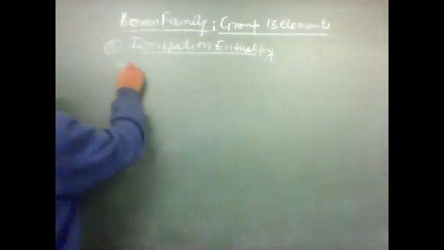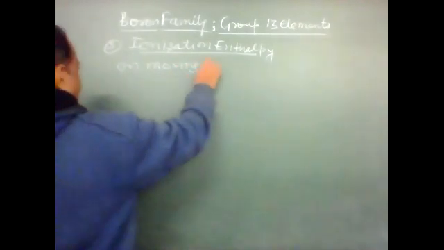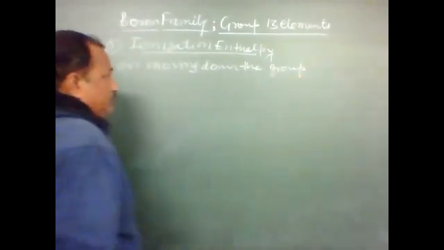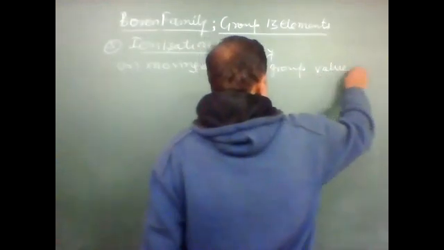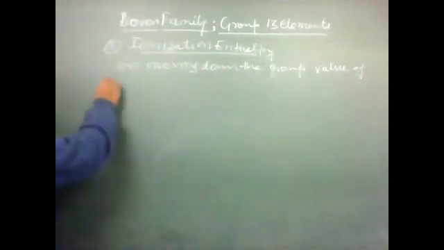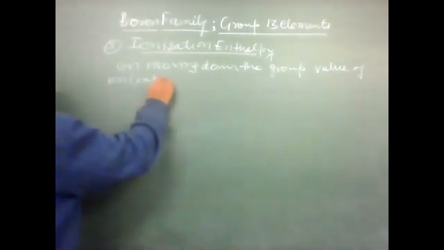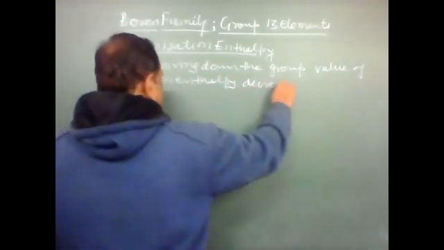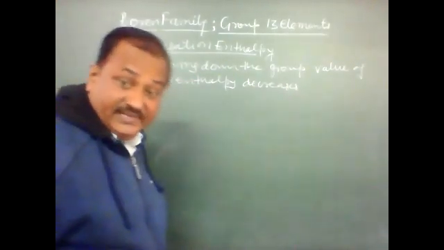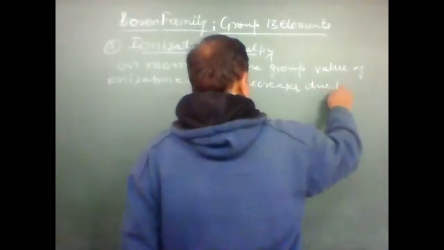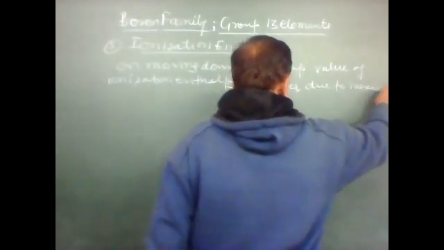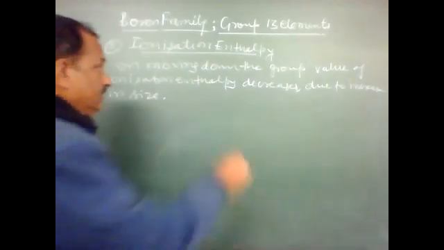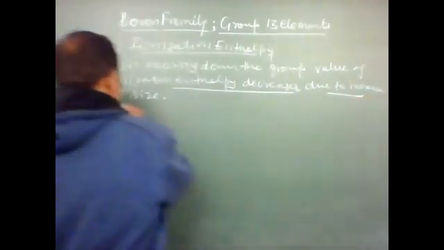So on moving down the group, the value of ionization enthalpy decreases due to increase in size.